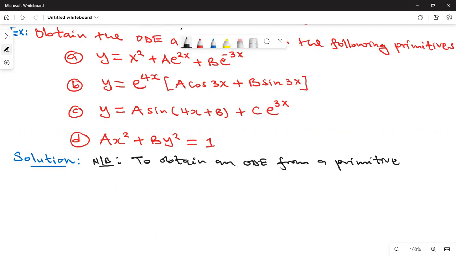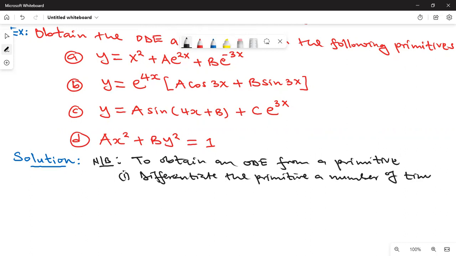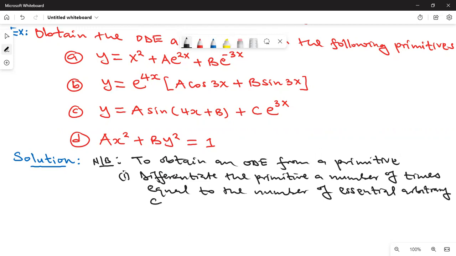The first one is to differentiate the primitive a number of times equal to the number of essential arbitrary constants. That's the first thing you need to do.